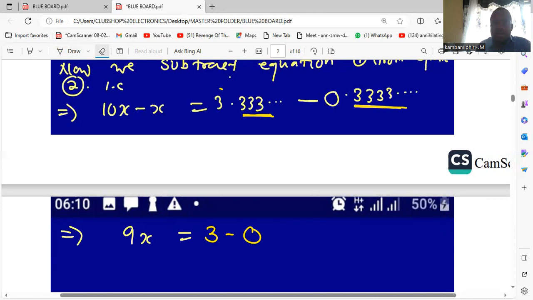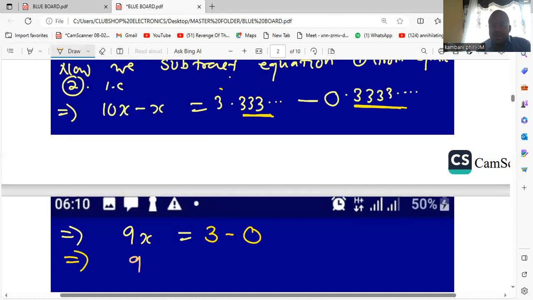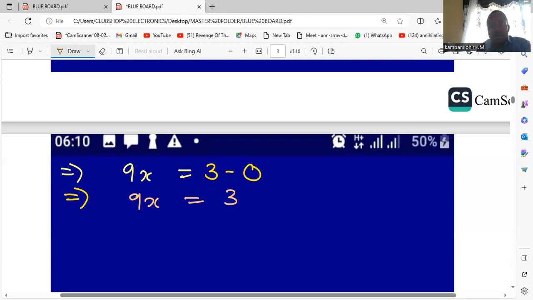Okay. If you want, you can say point 0 because there will be a 0 there, which is the same as 0. So this implies that we'll have 9x being equal to 3, divided by 9, divided by 9. This implies that x is equal to 3 over 9.